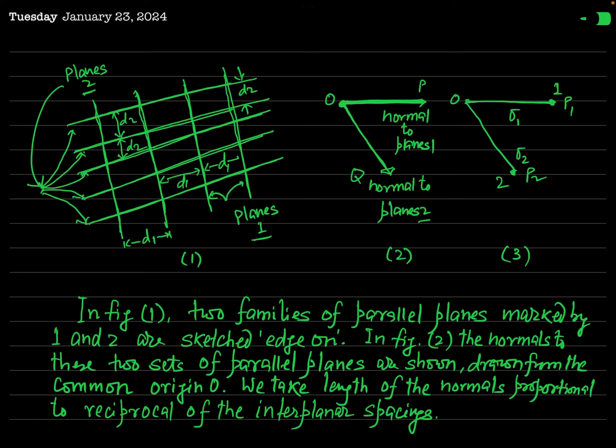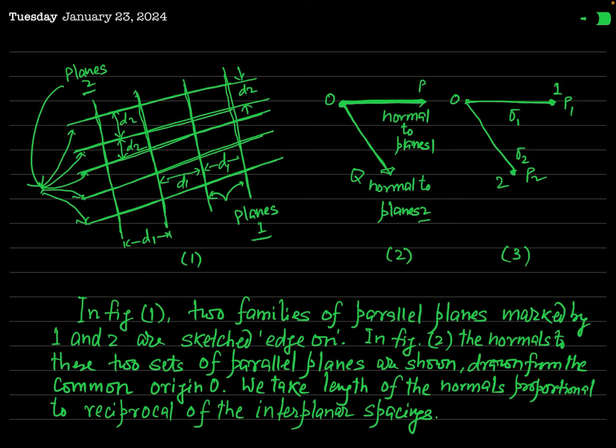I have shown in this figure only two sets of parallel planes, but if you imagine a large number of sets of parallel planes, then we will draw a normal to all the sets of parallel planes from the same common origin, and we will take the length of the normals inversely proportional to the interplanar separation.